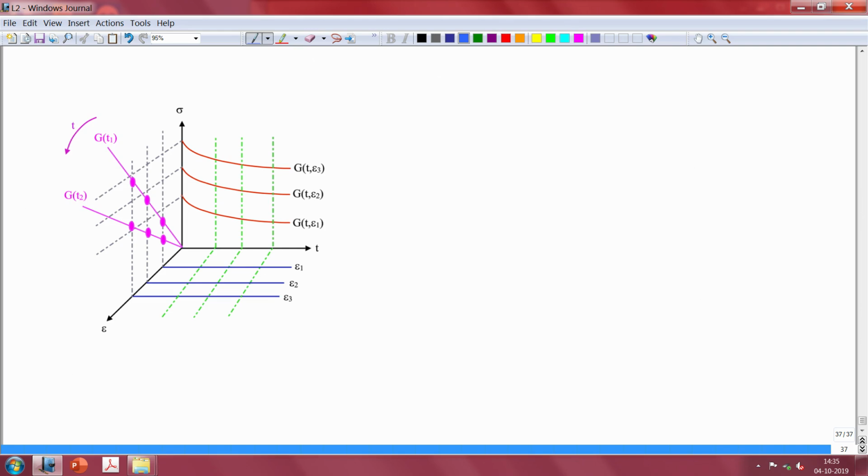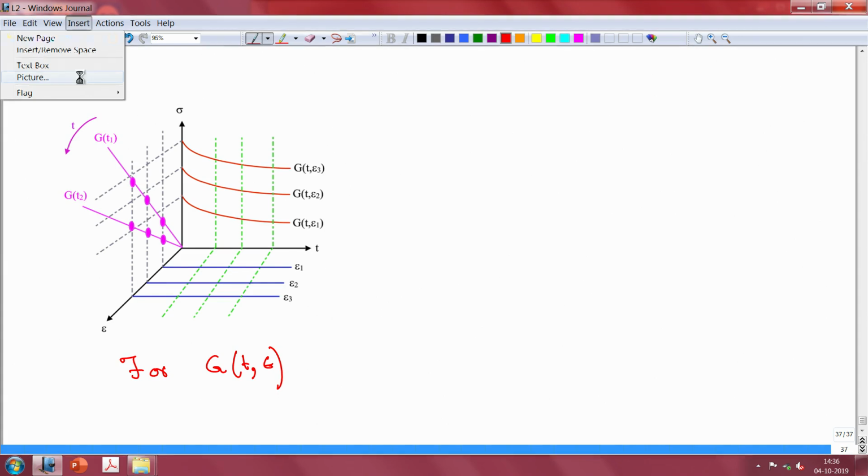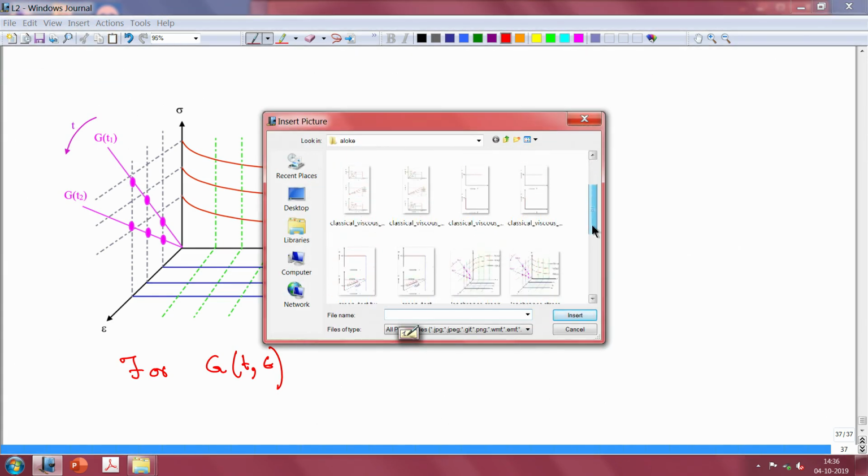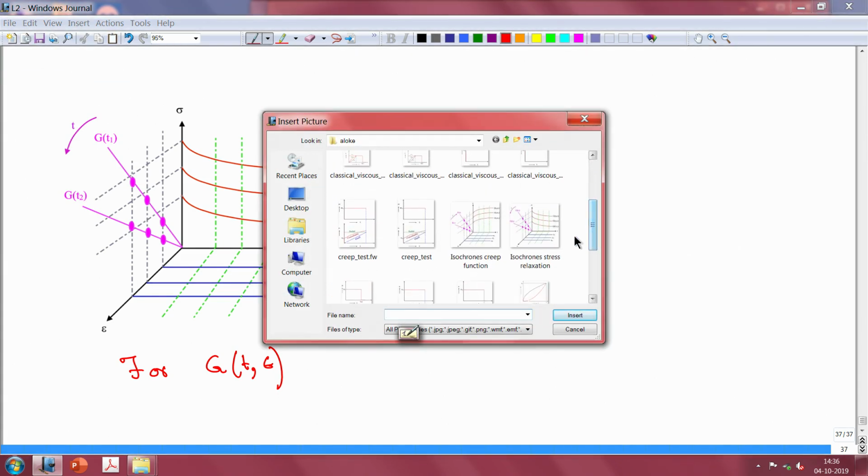If linearity does not hold, then you will not get these straight lines. So this is for G of t comma epsilon. Similarly, you can do the same thing for the case of the creep phenomena.